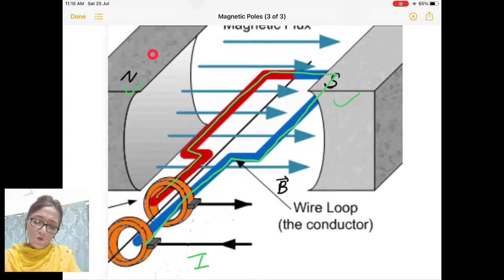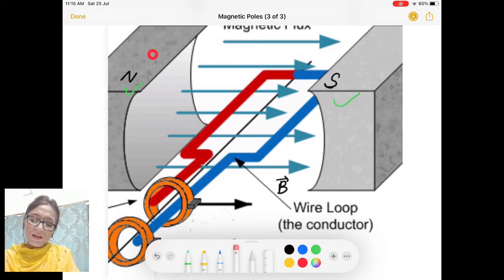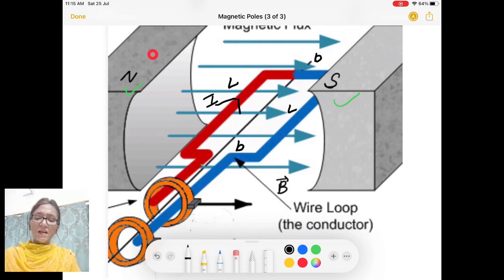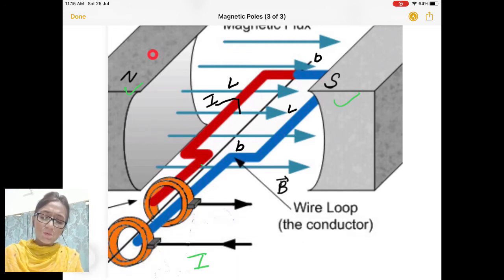So here a current I is flowing along this direction, and the length of the coil, let me take this as L. So this arm will also be of length L, and the breadth of the coil, let me take it as B. So this opposite arm will also be of length B only. Now you have 4 arms and you have to find the torques due to all the 4 arms.